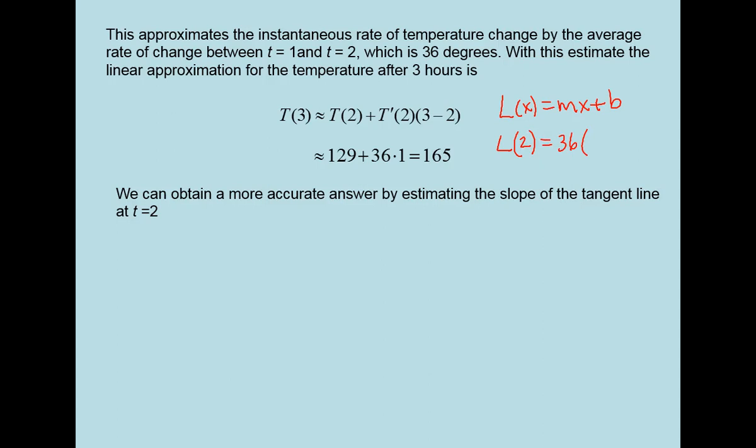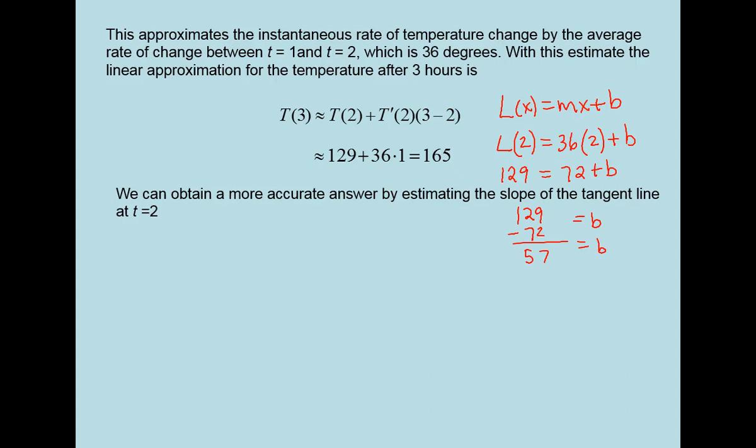Now, L of 2 equals 36 times 2 plus b, so we should be able to solve for b, the y-intercept. Well, L of 2 is 129, so 129 equals 36 times 2, 72, plus b. If we solve for b, we have 129 minus 72, so b equals 57.